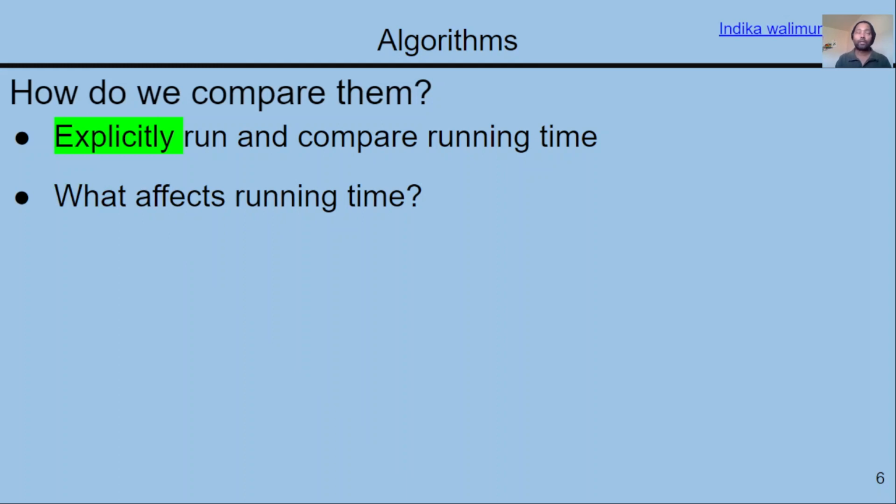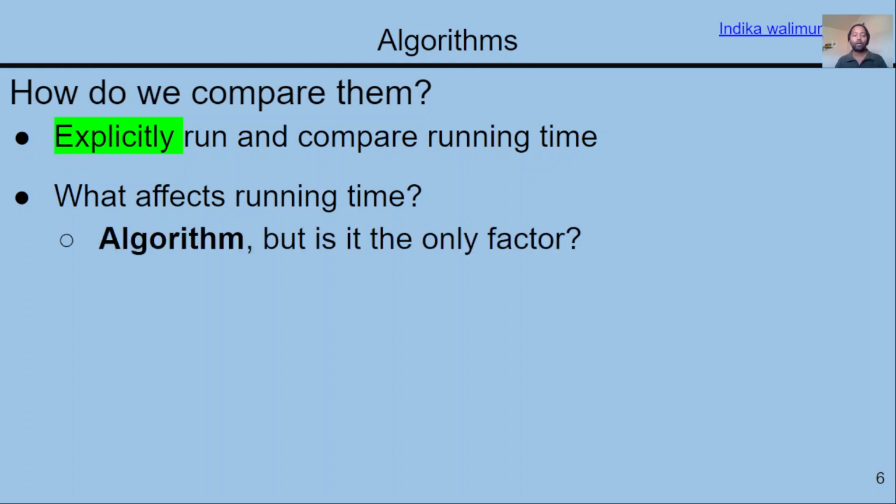Then the question is, what affects running time? Is it only the algorithm, or are there other factors here? Obviously the algorithm affects running time, which is the one we want to measure. But is the algorithm the only factor?